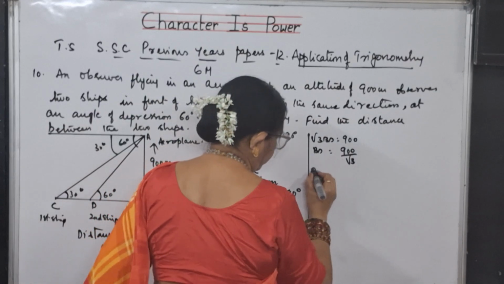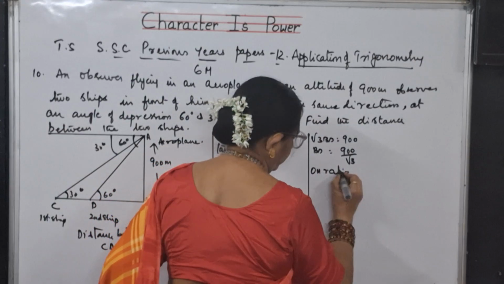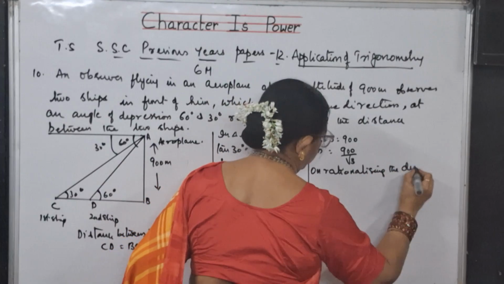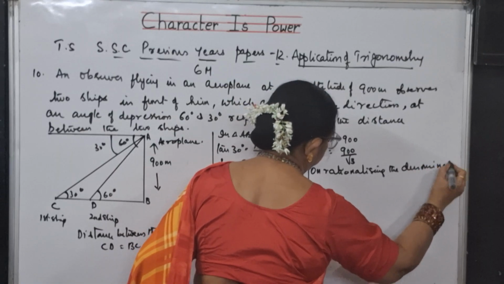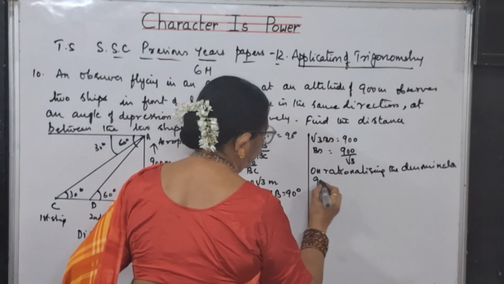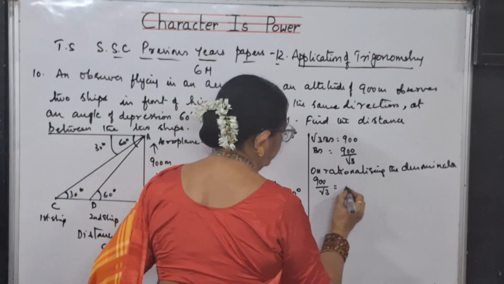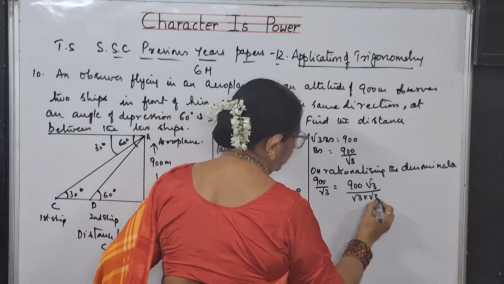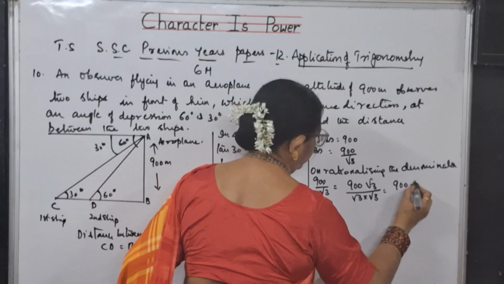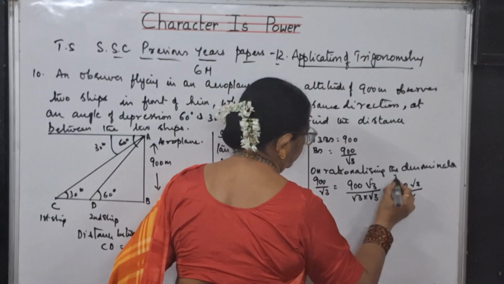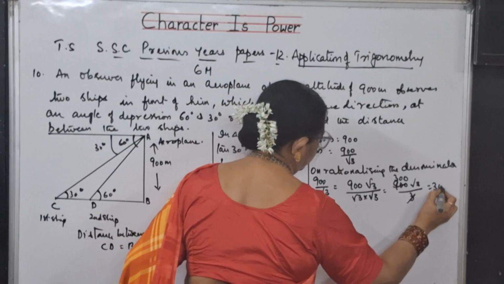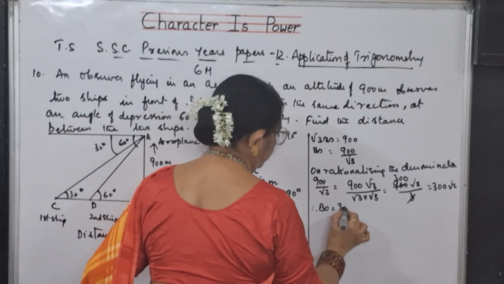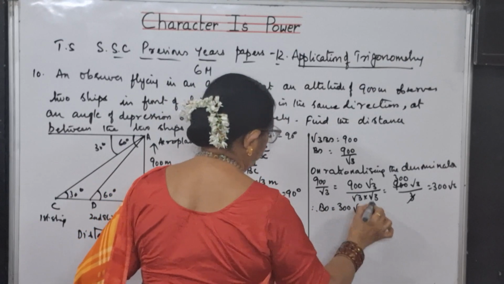So on rationalizing the denominator, 900 by root 3 can be written as 900 root 3 by root 3 into root 3, that is 900 root 3 by 3, 3 ones are 3, 3 threes are 300 root 3. Therefore, BD is equal to 300 root 3 meters.